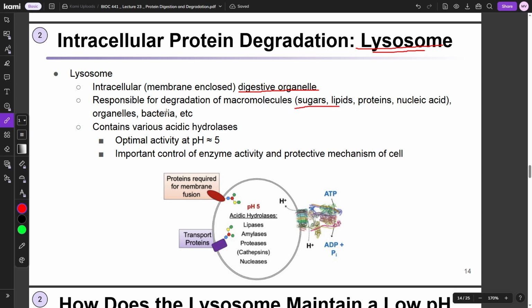The optimal pH activity for a lysosome is pH 5, and it contains a bunch of hydrolases that are specifically active at acidic pH. It's also important in the control of these enzyme activities and protective mechanisms of the cell.